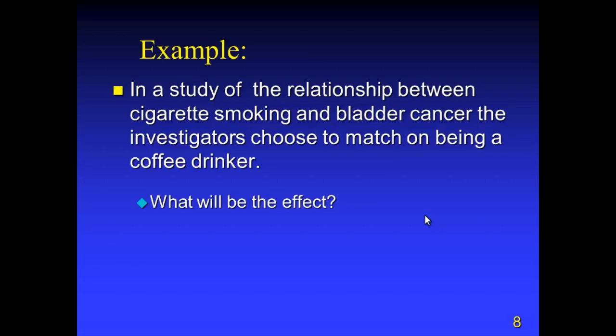So if you were to match on coffee drinking, you would be making the case and control groups unnecessarily similar in terms of their smoking behavior. This would potentially introduce some bias, you would have to adjust for that, but in any case it would reduce the precision of the odds ratios. So that would be a bad situation in which to match.